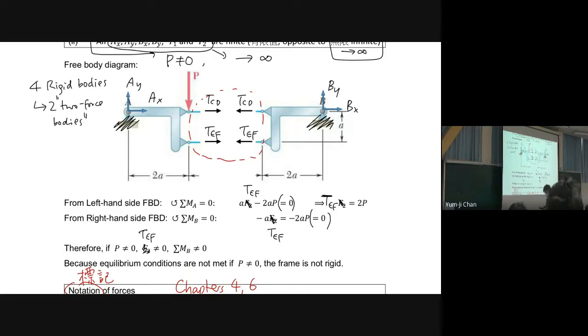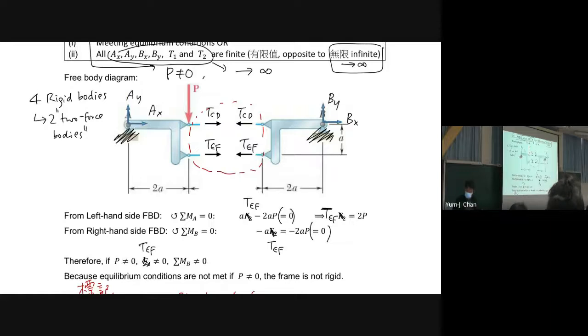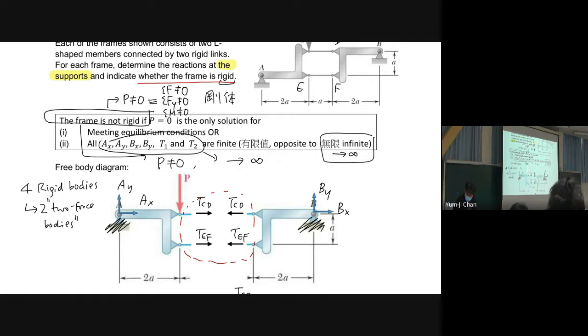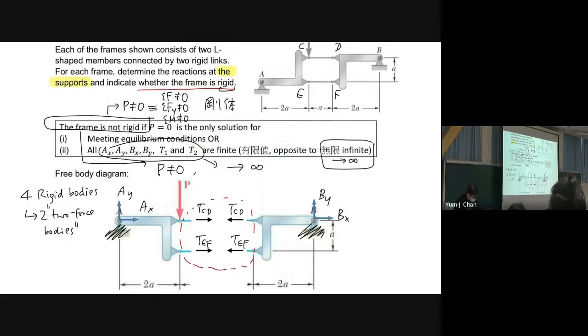20 minutes. Very good. Oh, sorry. I made the wrong figure. I think it should be... Oh, sorry.